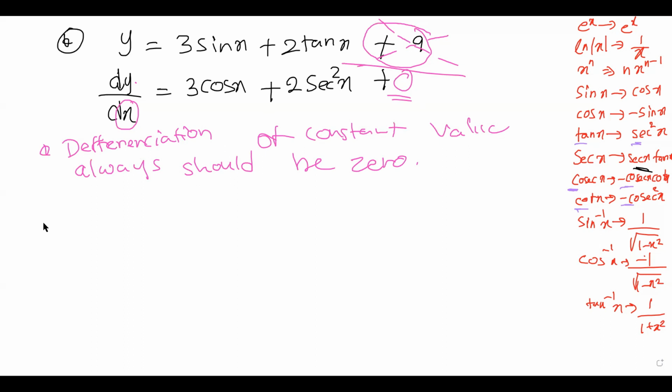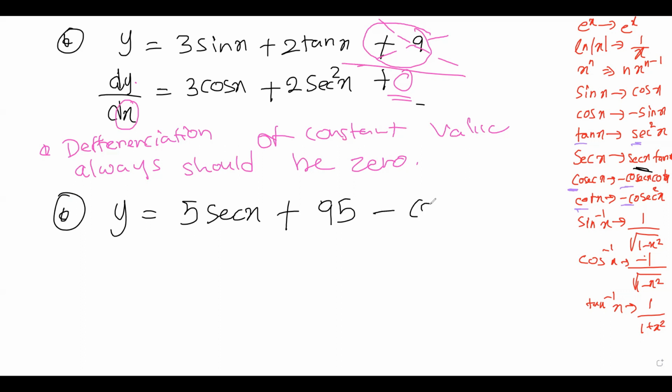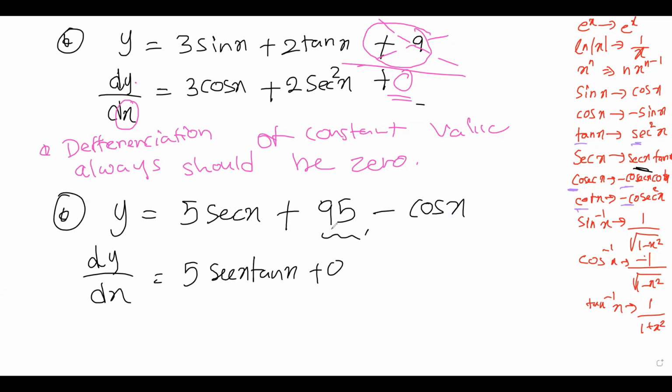Now keep in mind, if they are having differentiation with a constant value, it becomes 0. If I take y equals 5 sec x plus 95 minus cos x, whatever, you can take dy by dx. 5 times sec x gives sec x tan x, plus this one becomes 0.